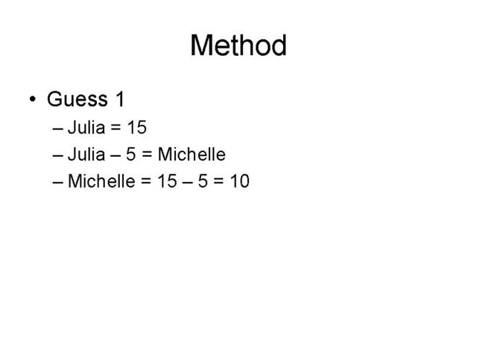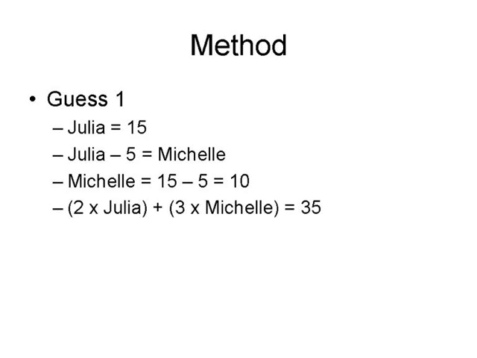Now notice I've started with Julia, not Michelle, because the first thing I know is that Julia minus 5 equals Michelle. So I'm going to start with the most obvious person, which is Julia. So Julia minus 5 equals Michelle. I apply that to Michelle's age. 15 minus 5, because my original guess was 15, equals 10.